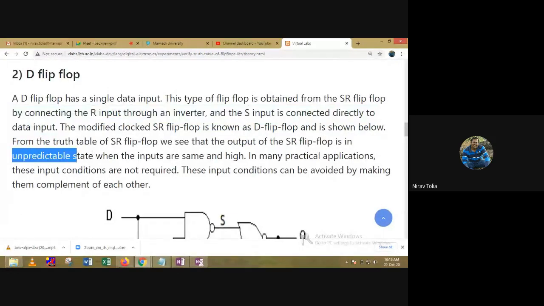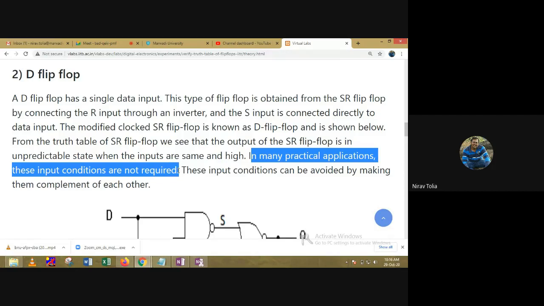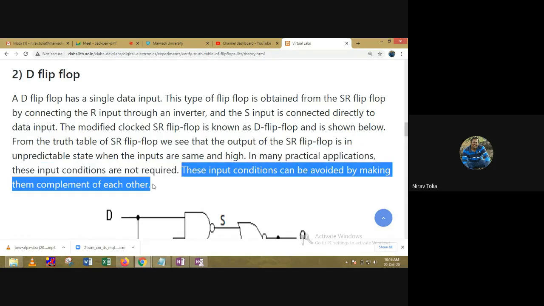The reset state and the unpredictable state when the inputs are the same and high. We do not require this input condition in many practical applications. So these input conditions can be avoided by making them complement to each other.